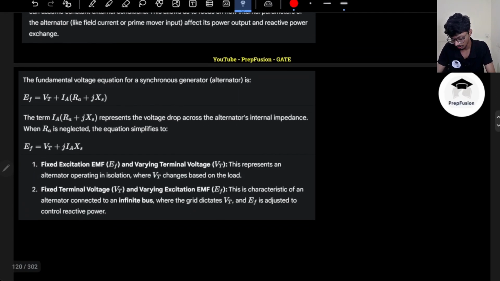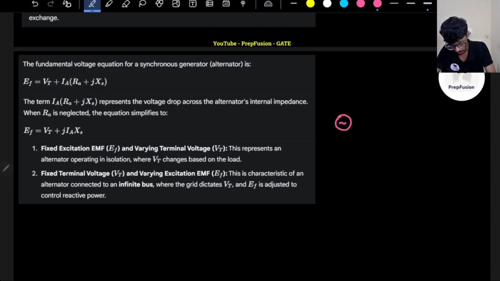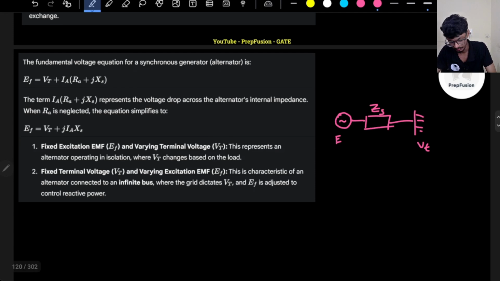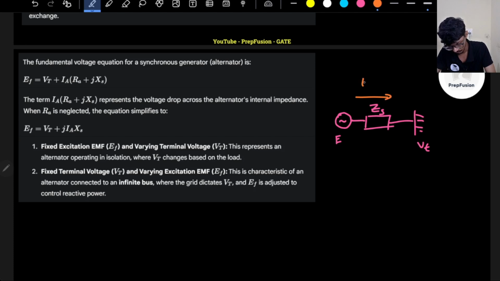Now let's come to our alternator fundamental equation. If I am connecting an alternator to an infinite bus, with synchronous impedance Zs, this will be Vt, this will be E, the developed voltage, and this will be the current Ia angle theta.